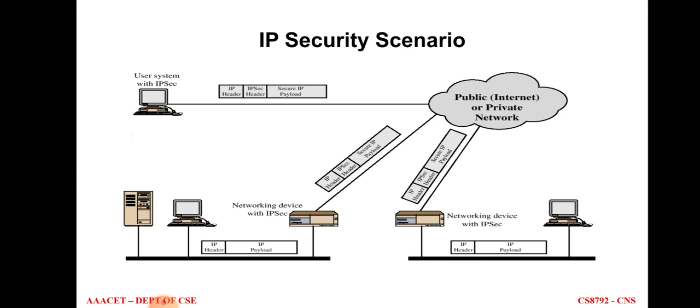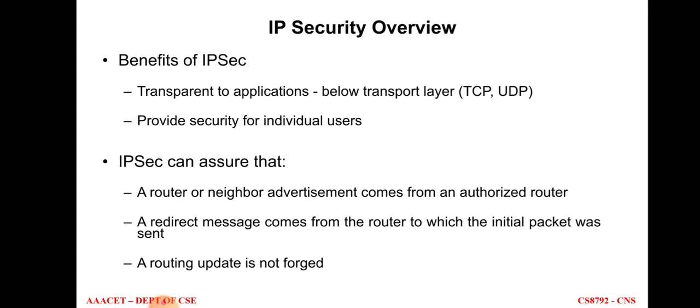And IP security is placed below the transport layer like TCP or UDP, and it is very transparent to all the applications. IP security can be transparent to each and every individual user. So this is the benefit of IP security, which is transparent to any applications, and it is placed below the transport layer TCP UDP, and provides security for each and every individual user.